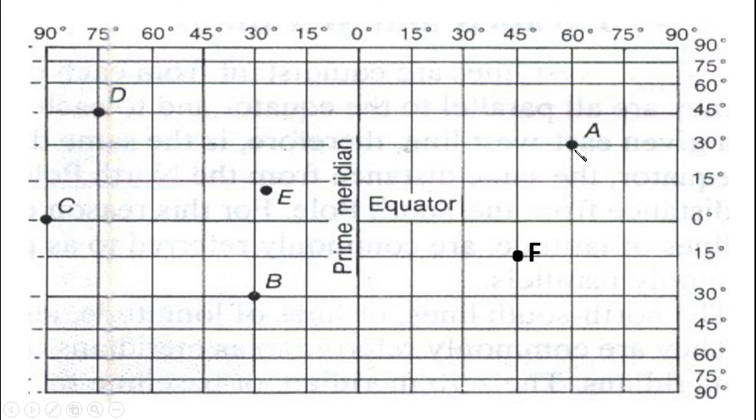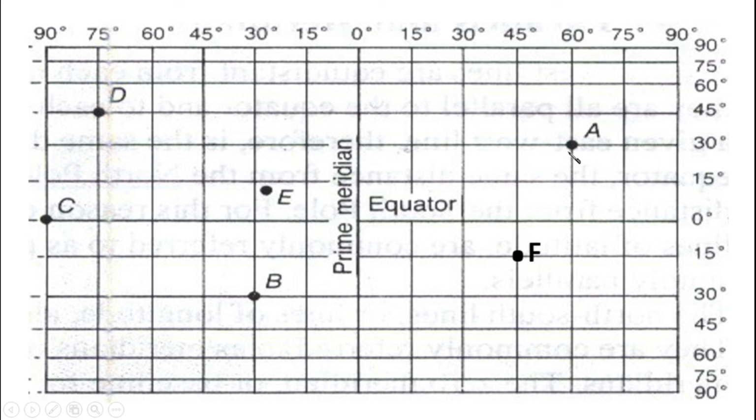So in that sense, letter A lies at 30 degrees. But the question is, what is the direction? Is it north or south? Okay, very good. The answer is north, because letter A lies above the equator. So that means the latitude of point A is 30 degrees north.